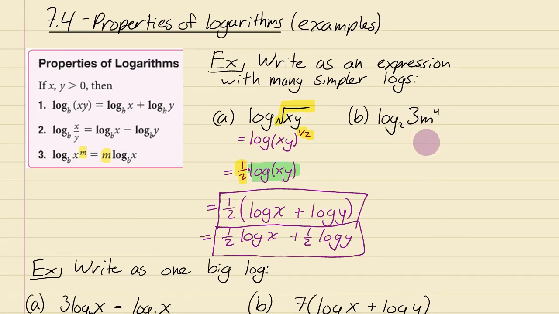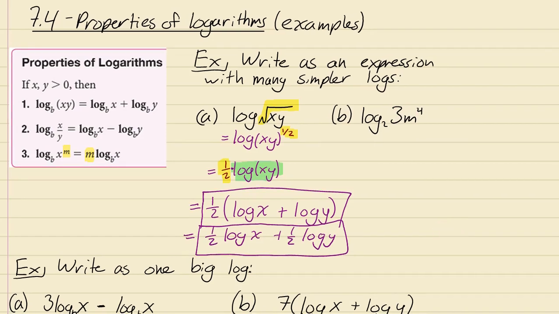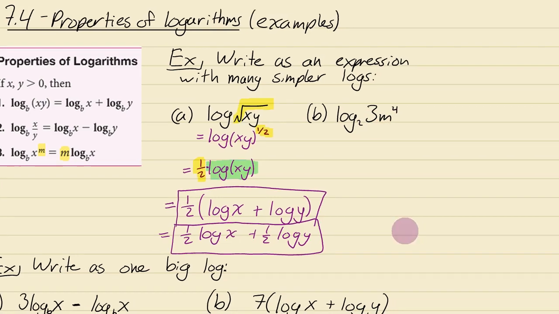Let's look at this one too. Here, the first thing I want you to notice is that the exponent 4 here only applies to the m. The 3 is separate. If it was 3m all raised to the power 4, it would look like this.